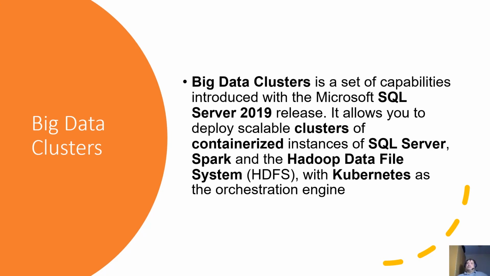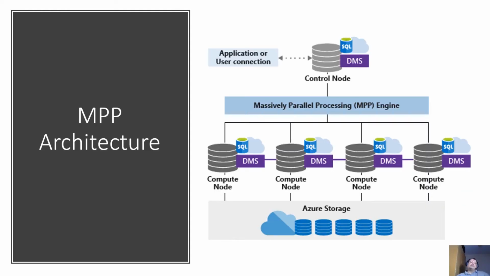It's a complex definition. Let's try to explain it piece by piece. First, what's a cluster? When we mention cluster on this subject, we are talking about an MPP architecture. This is a generic MPP architecture. It's not exactly Big Data Cluster.